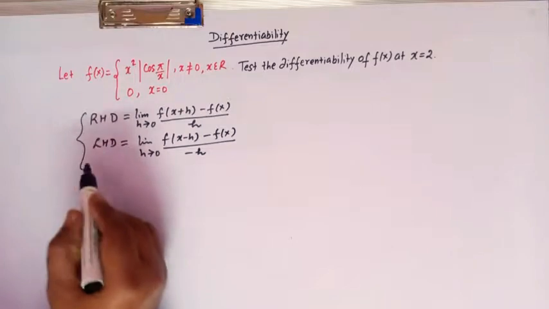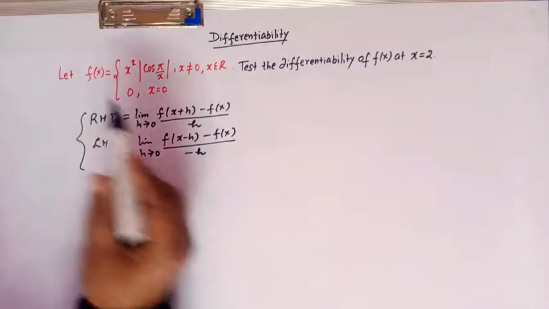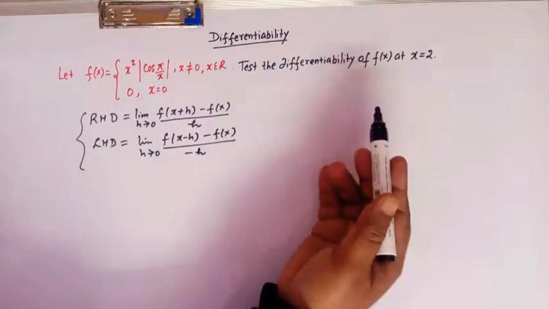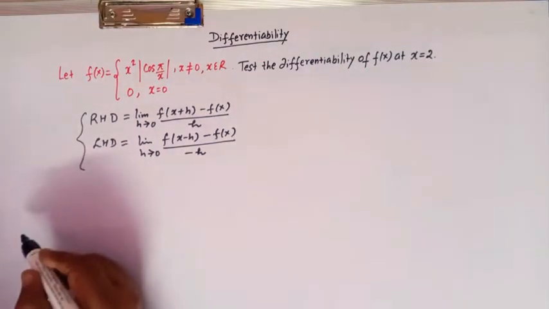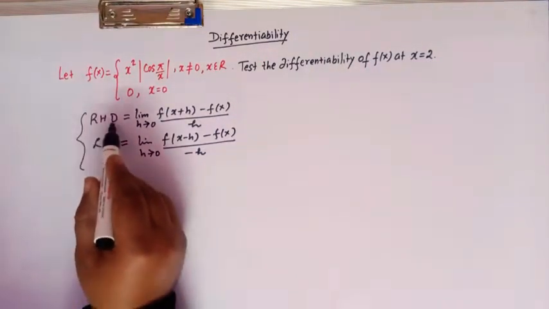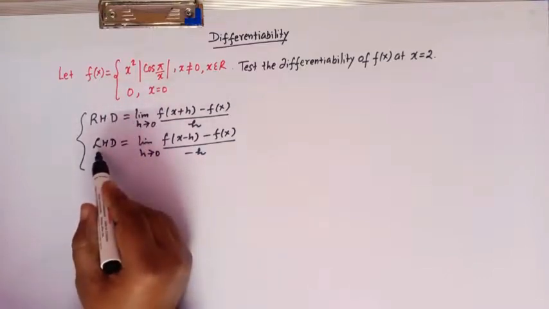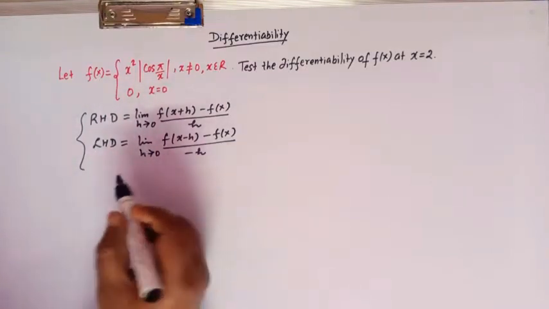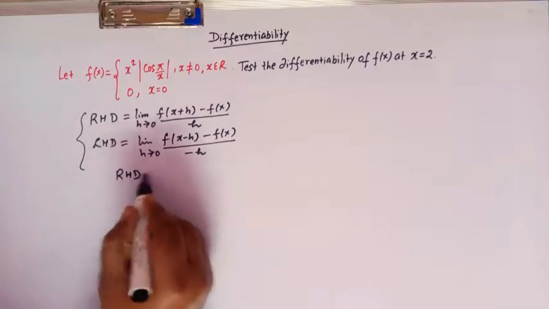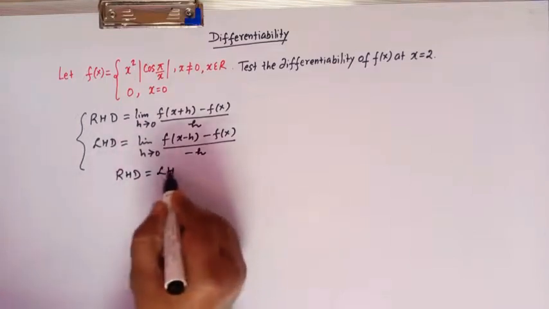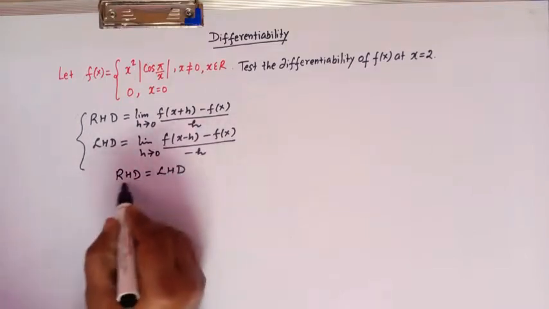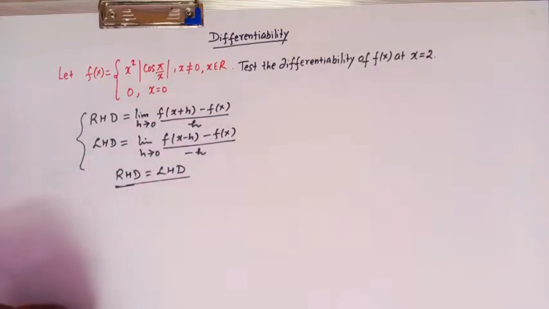So a function is said to be differentiable at some point, here the point is given as 2, if the right hand derivative exists and finite, the left hand derivative exists and finite, and the right hand derivative is equal to the left hand derivative at the given point, right?